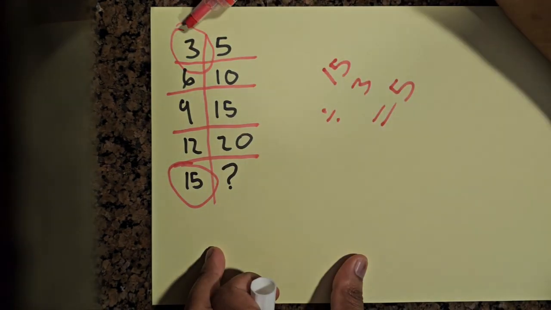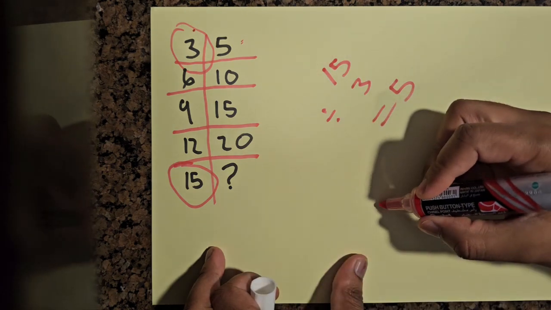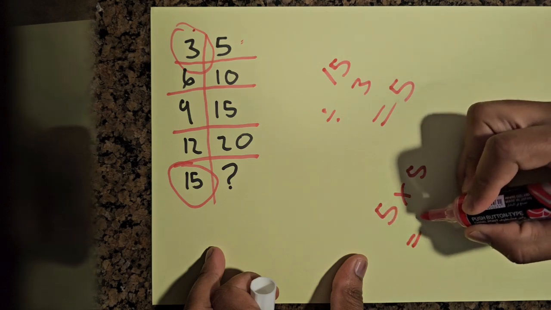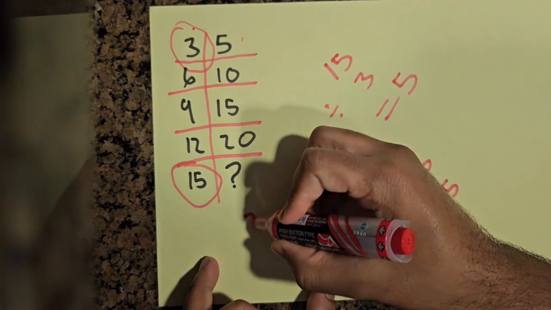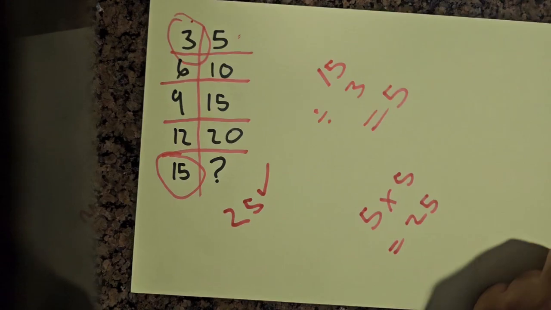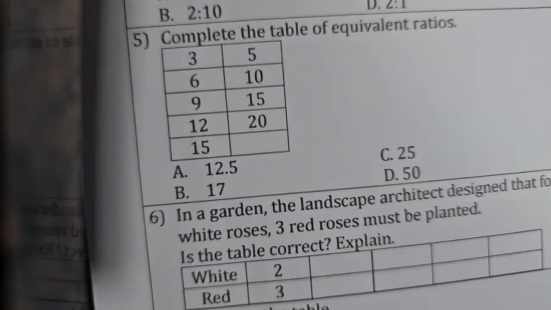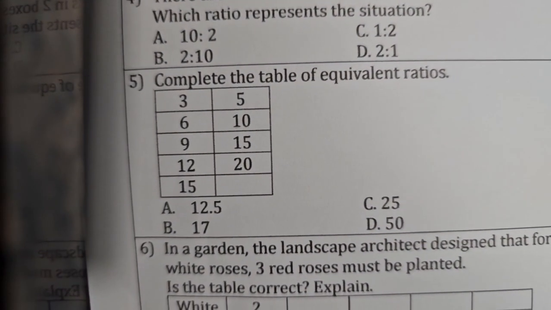So if I multiply the 3 by 5, I need to multiply this value also by 5. So now I'm going to say 5 times 5 equals 25. So my missing number is 25. Now let's look at our options for question 5. And as you can see over here for question 5, we do have 25 as an option, which is C.